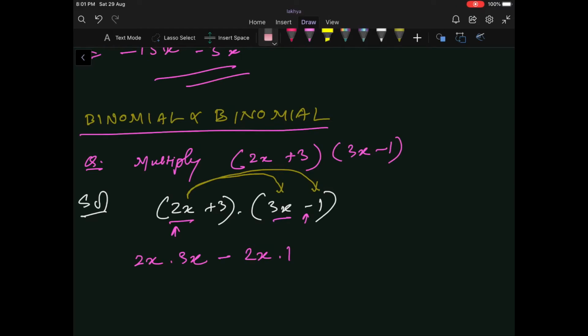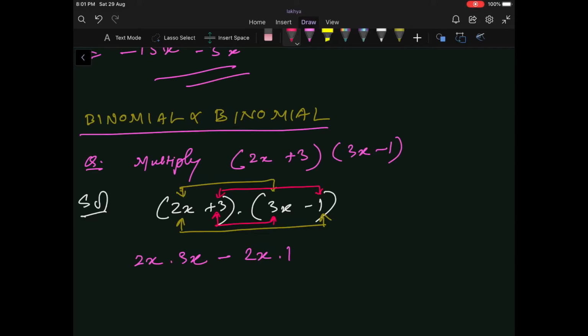Okay, so what we have done here, first we have multiplied the first term of the first polynomial with the first term of the second polynomial, then again the first term of the first polynomial with the second term of the second polynomial. So similarly, the second term of the first polynomial should be multiplied by the first term of the second polynomial, then again it should be multiplied by the second term of the second polynomial.